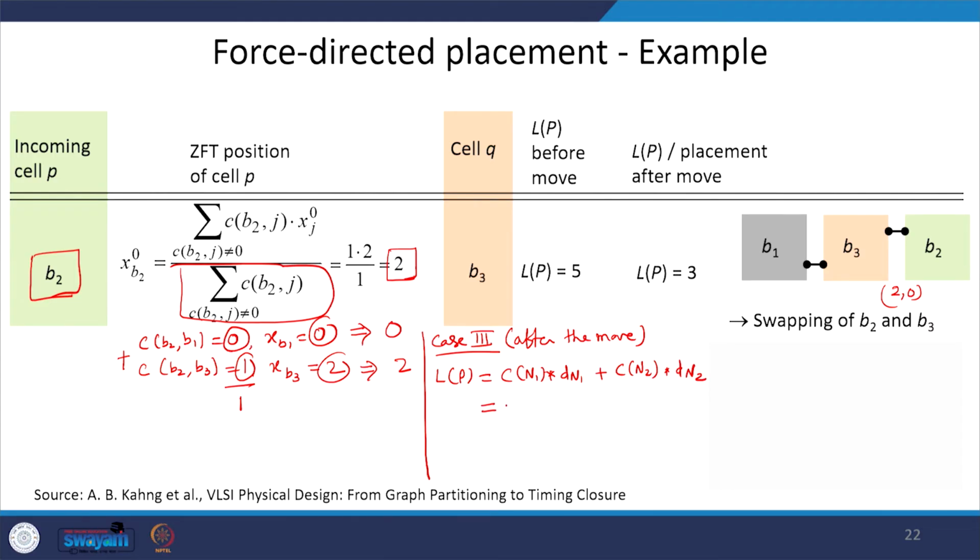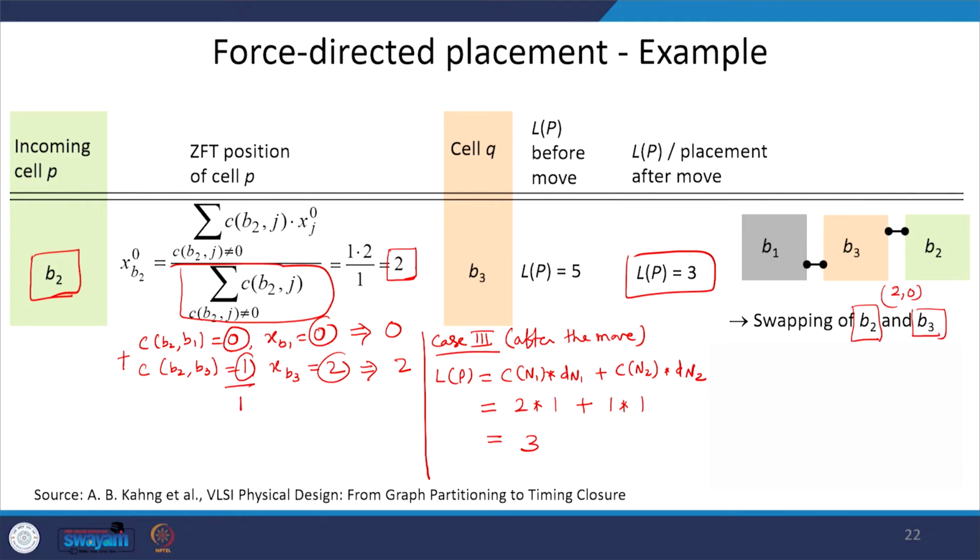So C of N1 is 2 multiplied by 1, plus 1 into 1, so this will be 3. Now L of P is found to be 3, so the wire length is reduced by 2. So we are swapping B2 and B3.